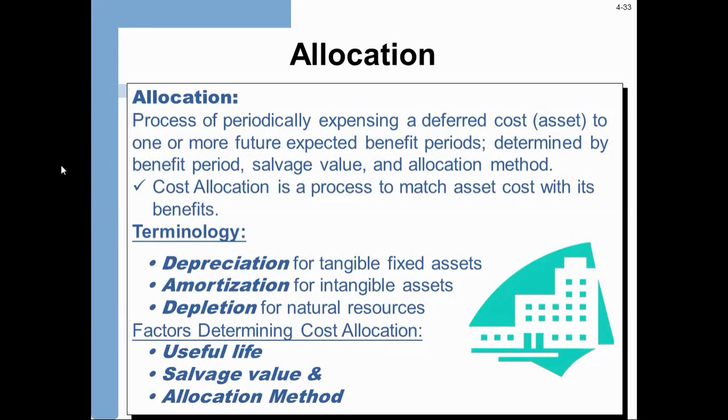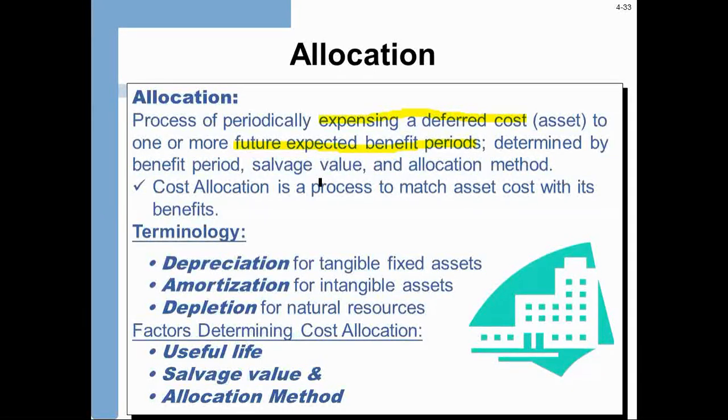Allocation refers to the process of periodically expensing a deferred cost to one or more future expected benefit periods, determined by the benefit period, salvage value, and allocation method. The cost allocation is the process to match asset cost with its benefits, which means that if we are going to use the asset in this year to produce 60,000 units, then we need to calculate the wear and tear on this asset.